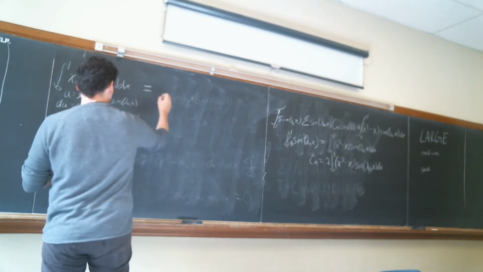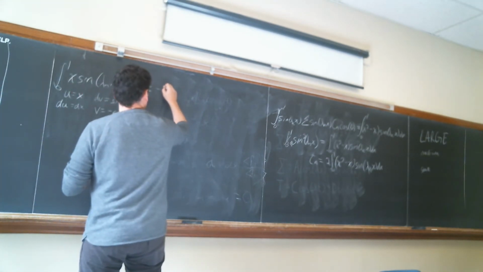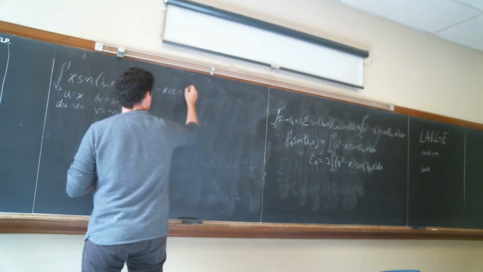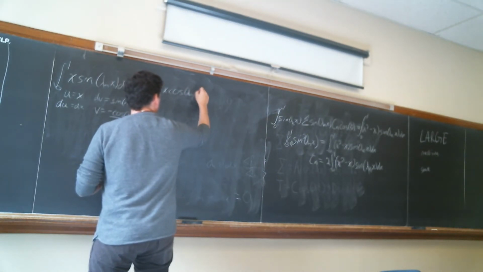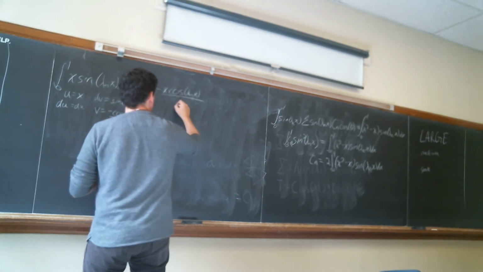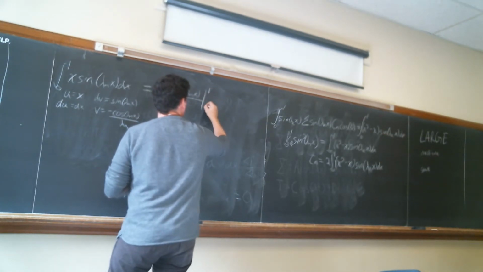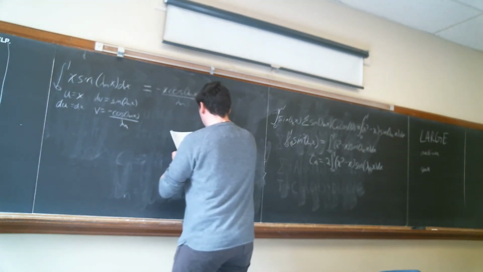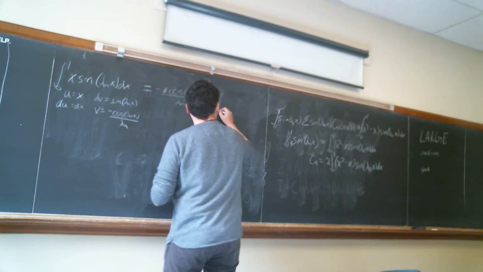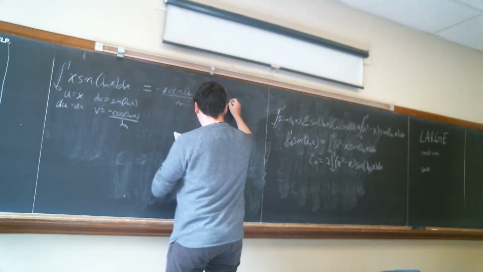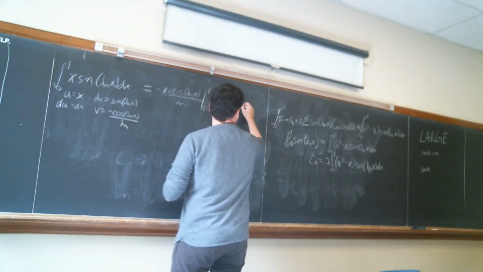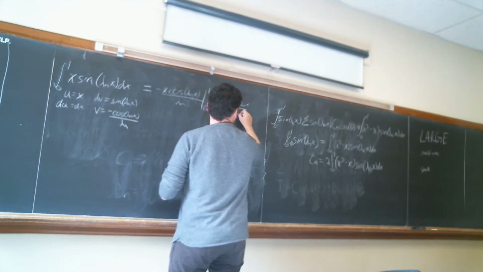So this here now becomes minus x cosine lambda n x over lambda n, evaluated at 1 and 0, plus the integral of 0 to 1 of cosine lambda n x over lambda n dx.